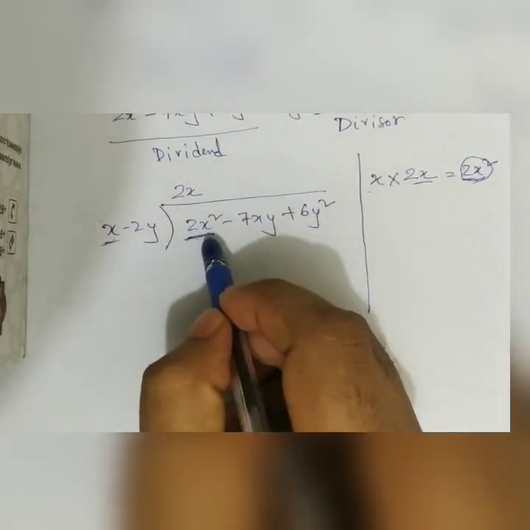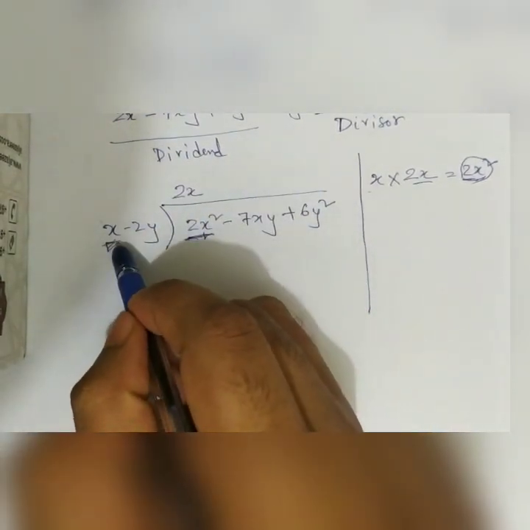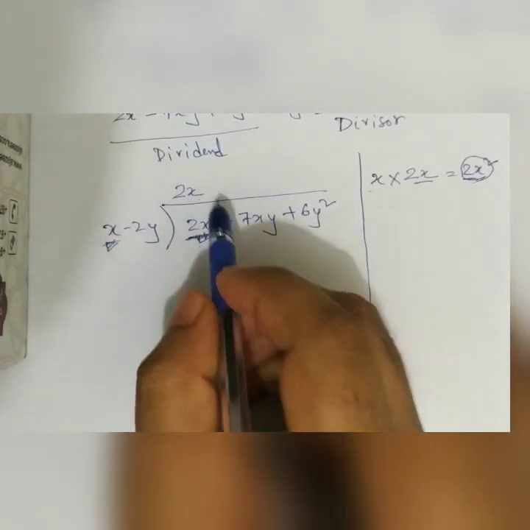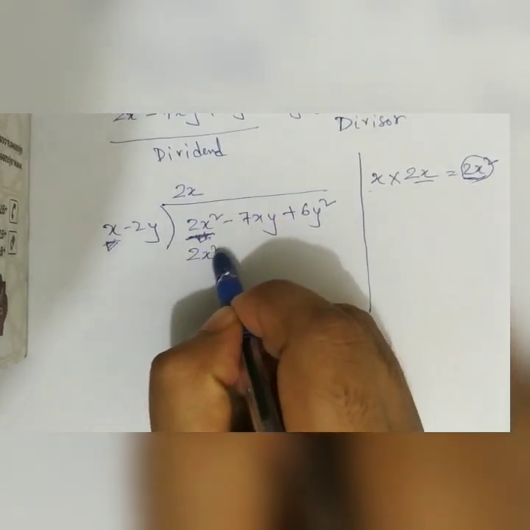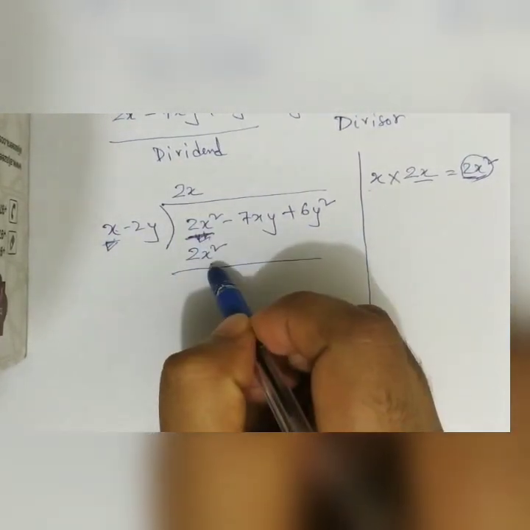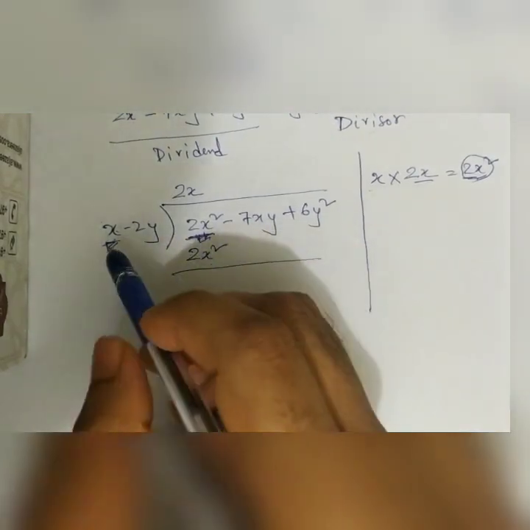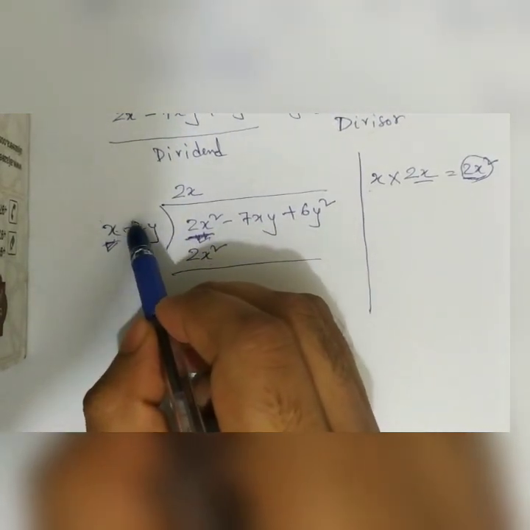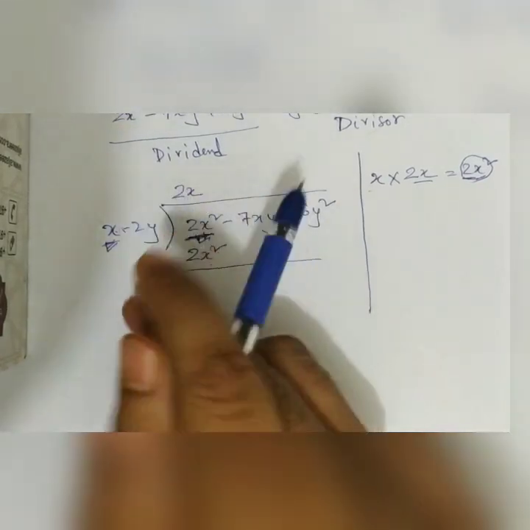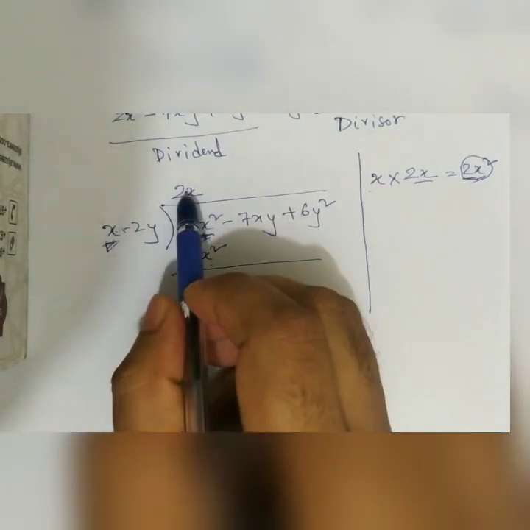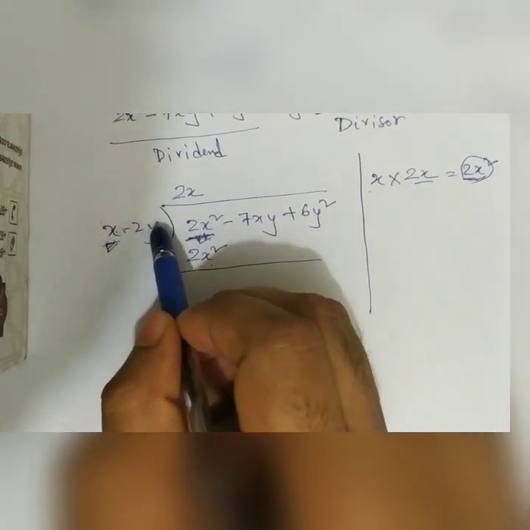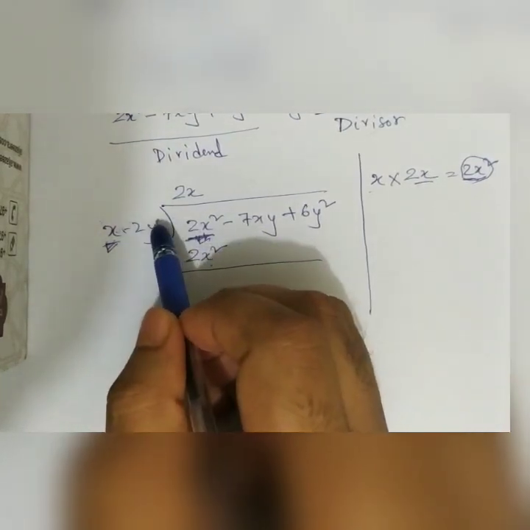Okay, you always need to match the first two terms. 2x square divided by x is what? 2x. So we can write 2x square over here. So x into 2x is what? 2x square. Okay, but now there is also a minus 2y over here, if you can see, right? So we need to multiply the 2x not only with x, the 2x will also be multiplied with minus 2y as well.